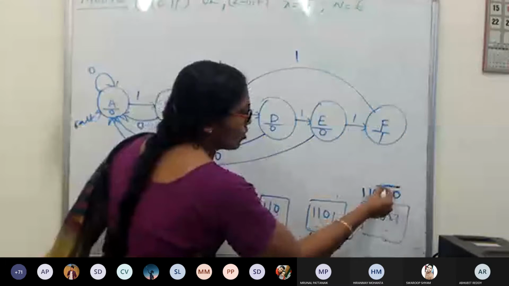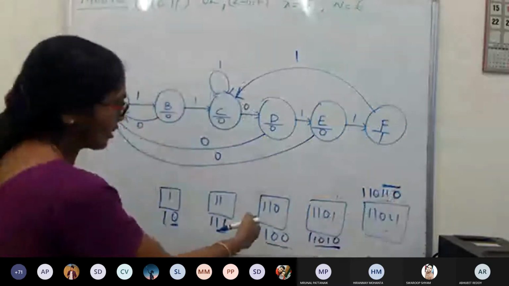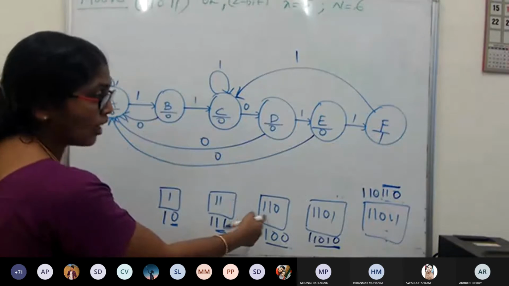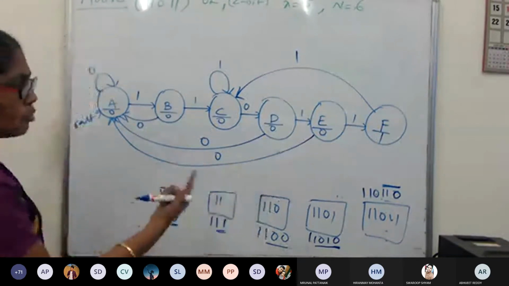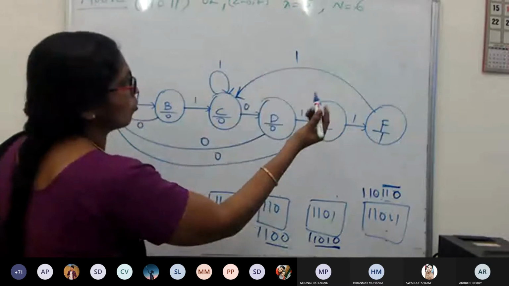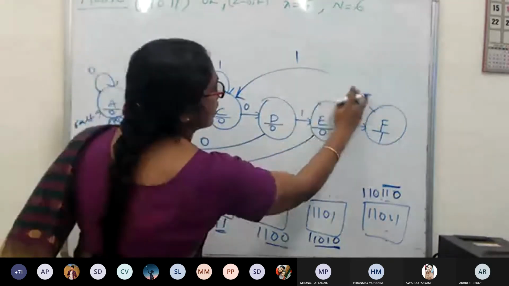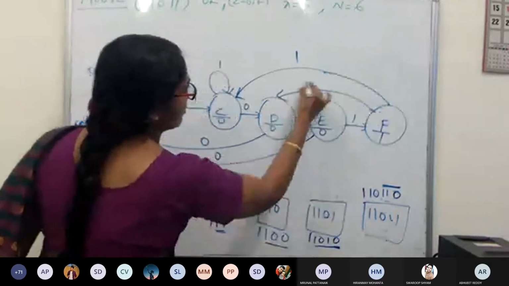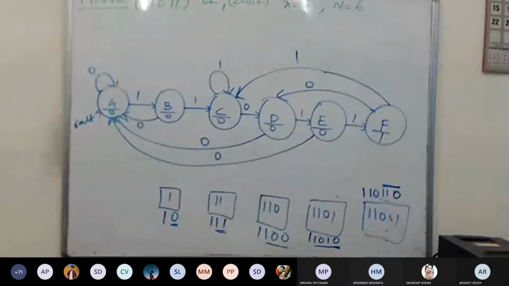According to the Moore rules, 110 matches with the 3-bit state. So 110 matching is there. So what should I do? I have to commit to D. That's it. This is what a Moore design is.